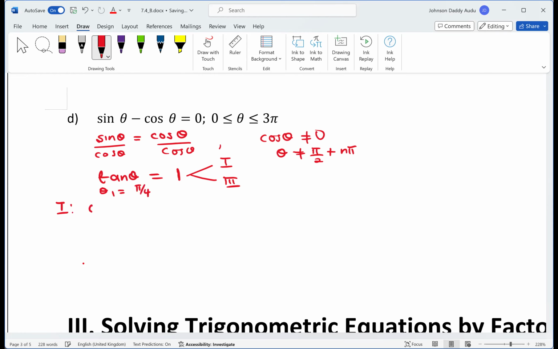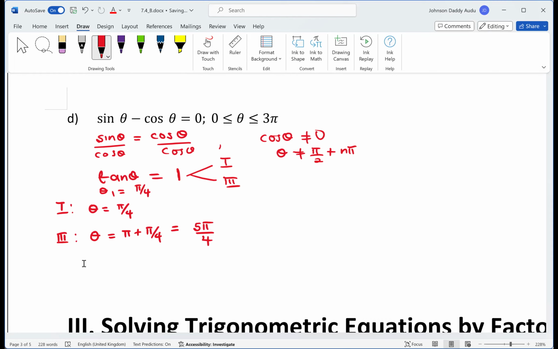So if you're in the first quadrant, your theta is still the same as your reference, which is pi over 4. And if you are in the third quadrant, what will be theta? Theta is just going to be pi plus pi over 4, which is going to be 5 pi over 4, correct?